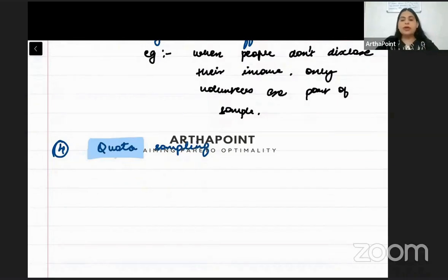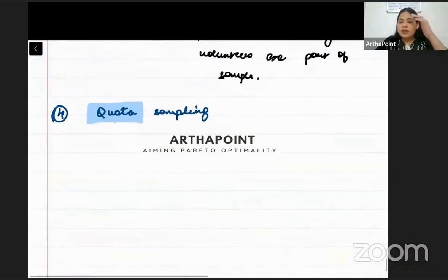Now just think about it. Quota sampling is when you have some group in mind. That means you are making a kind of strata, dealing with one group, but you're not randomizing, right? So for example, I have a group in mind that I want to understand how many people between the age of 15 to 20 smoke.